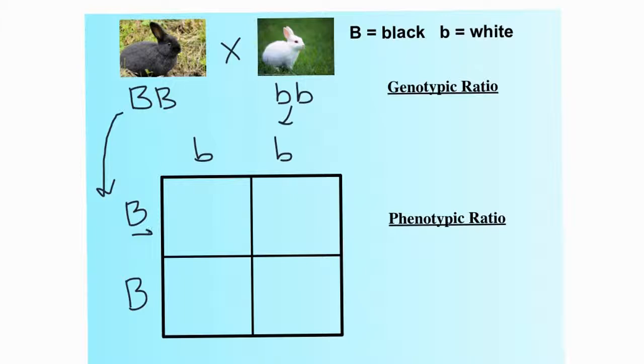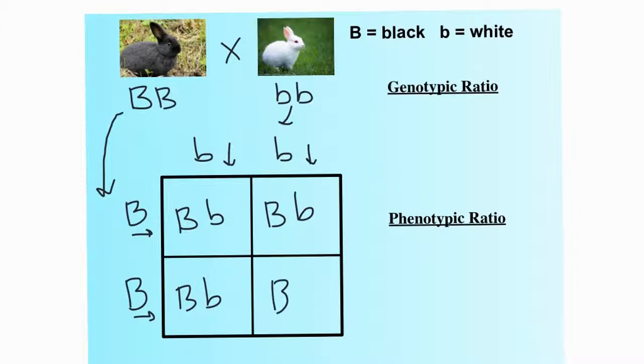So we're going to put this box, the big B in there, little b. And you can see they're all going to be, put the big B there, bring the little b down, big B over here, little b, and of course this one, last box, is going to be big B, little b.